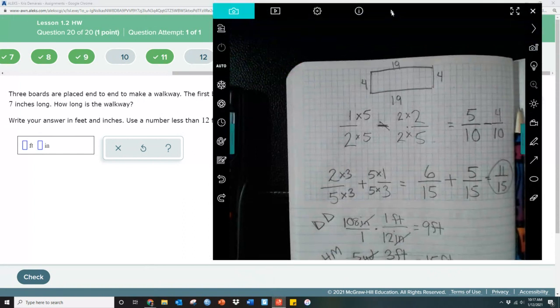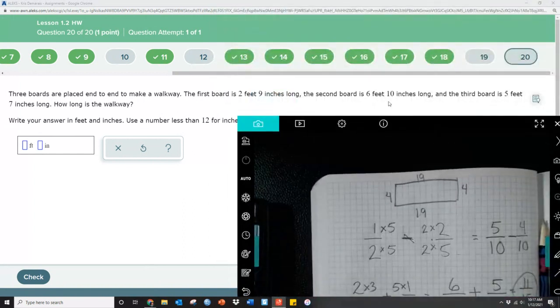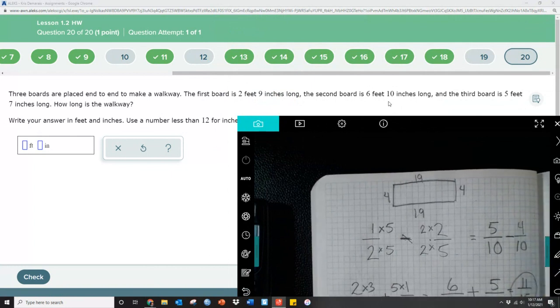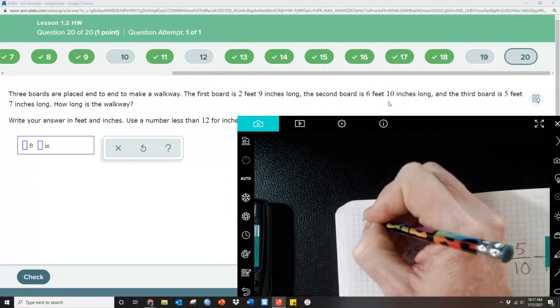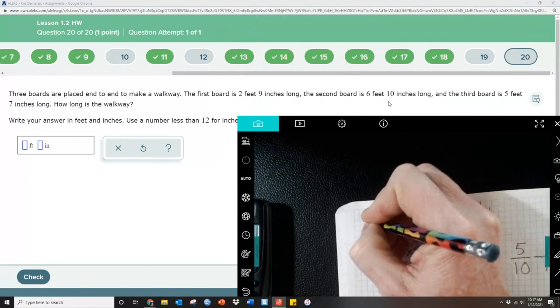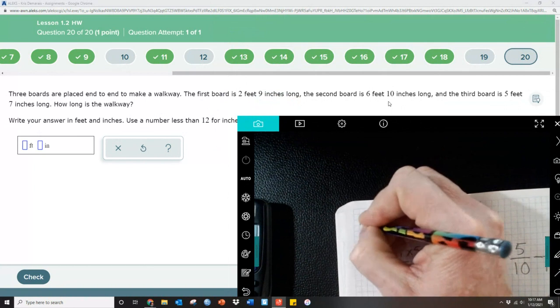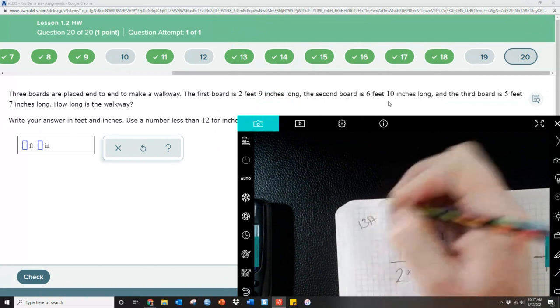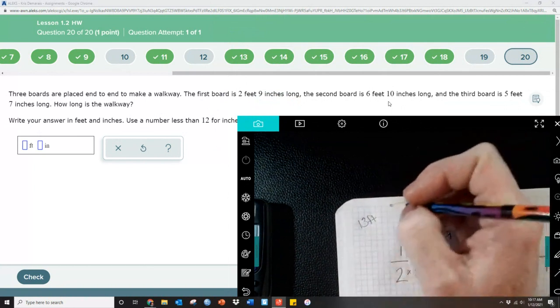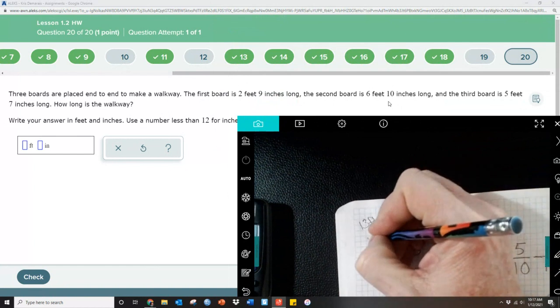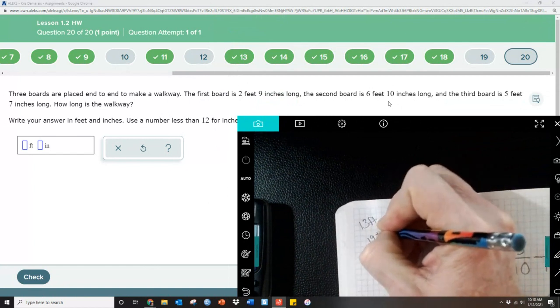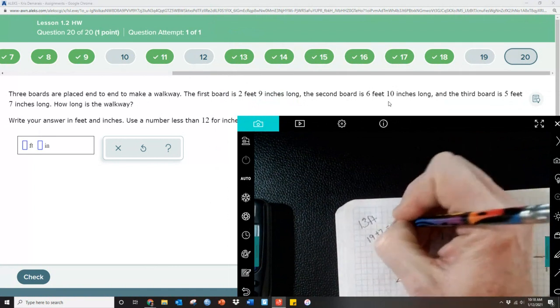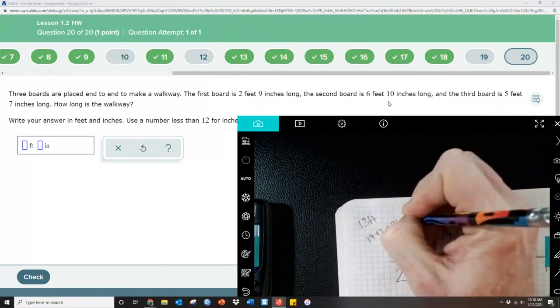What I do personally is add up all my feet together and all my inches together. 2 feet added to 6 feet gives me 8 feet, added to 5 feet gives me 13 feet. I did that mentally. Then I have 10 plus 9 is 19, added to 7 inches gives me 26 inches.